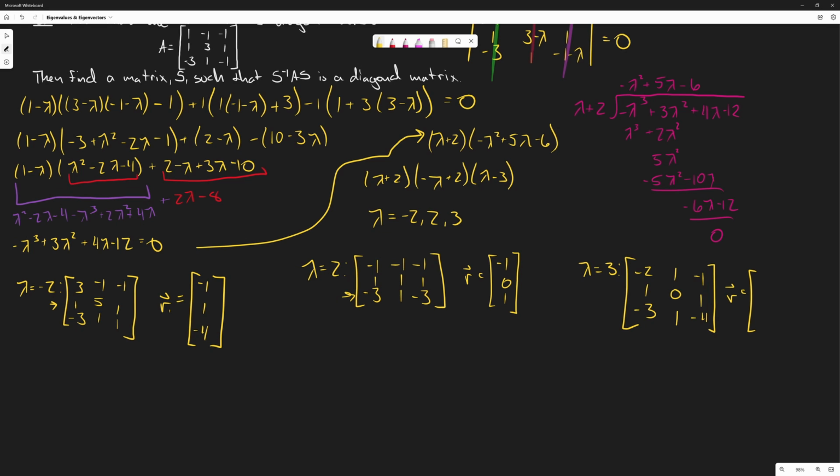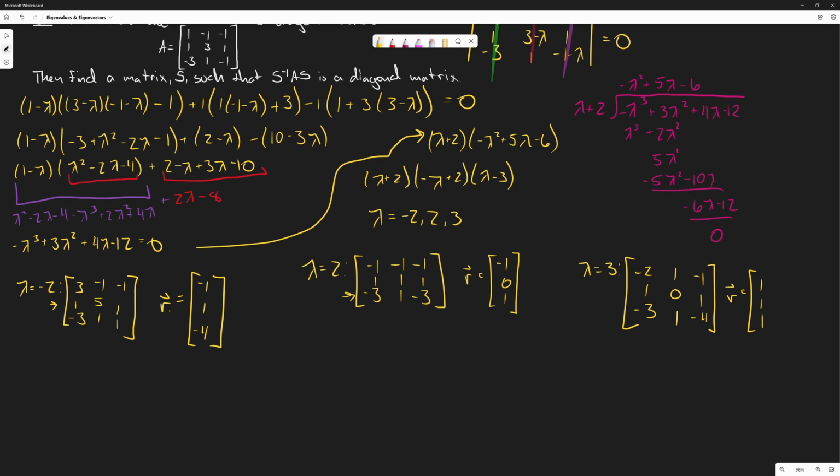Do the first row, looks easier. So the first row will be 1, that'll be negative 2, and then we can make it with 1, so that'll make it 1, negative 1, and then 1.